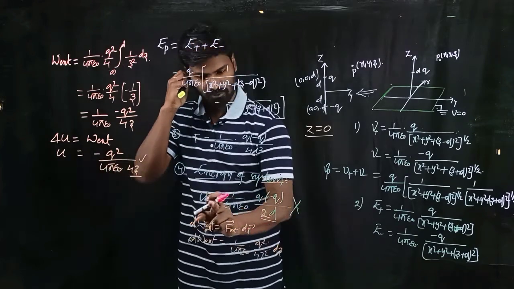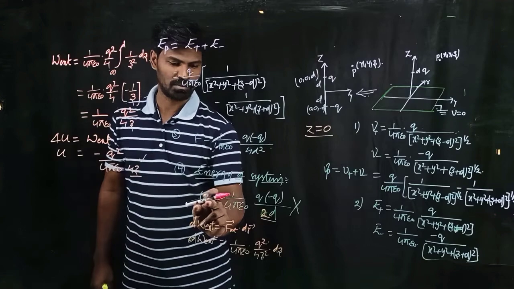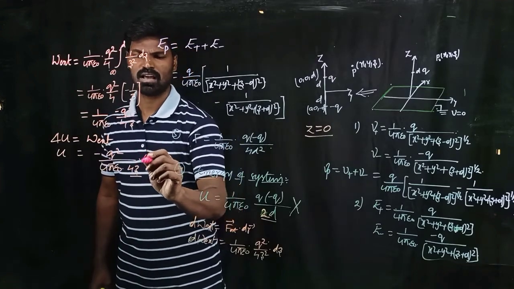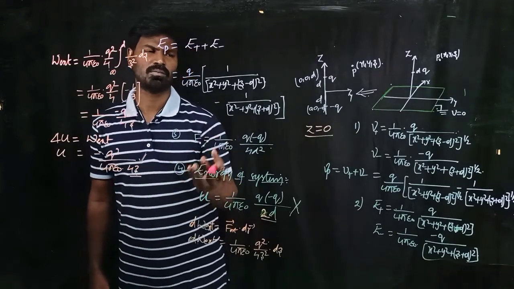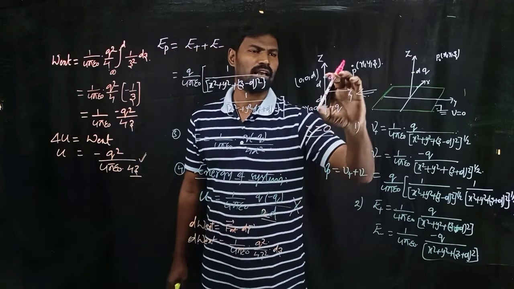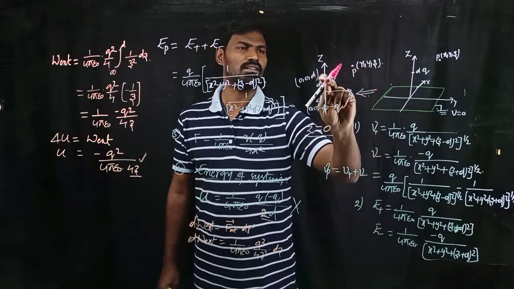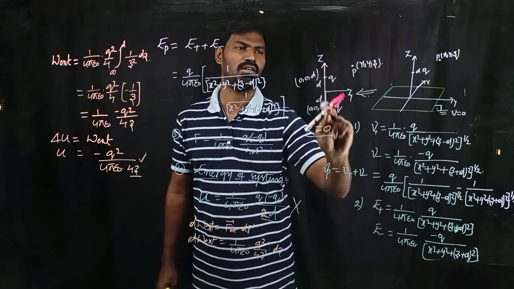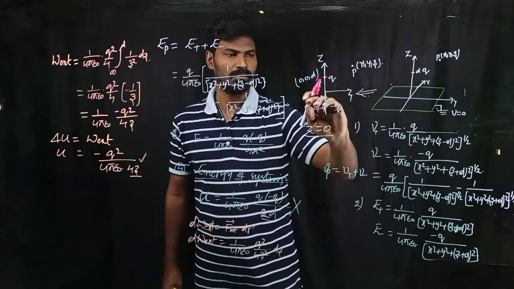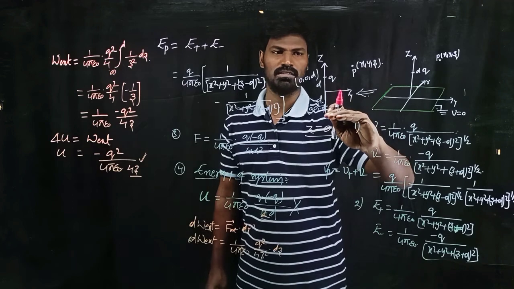So either you halve it, you divide it by half, or you should keep in mind that if you calculate the energy by this method, you are including the field energy of the upper region as well as the lower region.